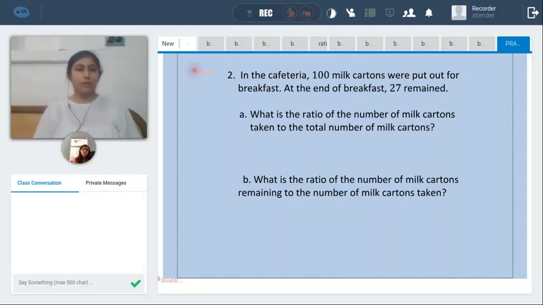Good, very good. So the question is, in the cafeteria, 100 milk cartons were put out for breakfast. At the end of the breakfast, 27 remained. So what is the ratio of the number of milk cartons taken to the total number of milk cartons? Can you tell the answer?